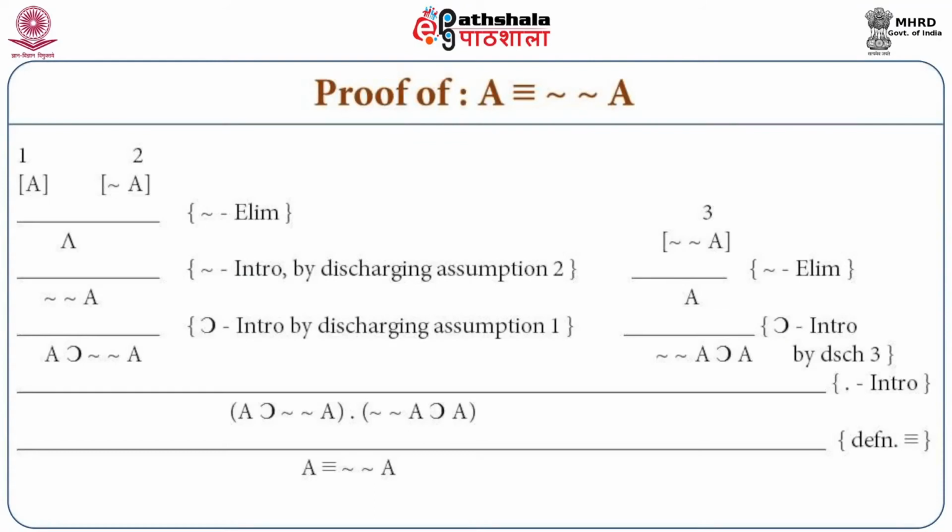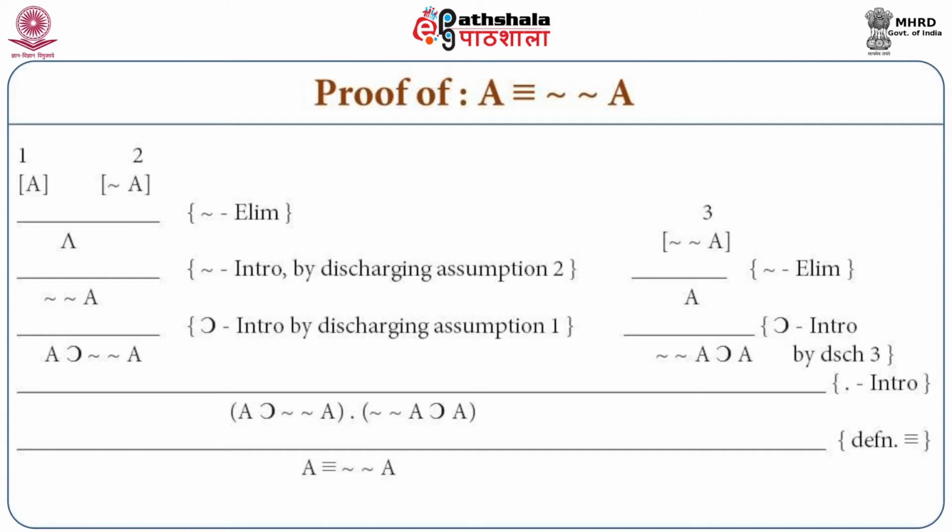Now, given this set of rules, we can now see what we can do with these rules. Let us have a look. We can give a proof that A is materially equivalent to double negation A or not A. Suppose we have three assumptions. So that means they will be coming under brackets.